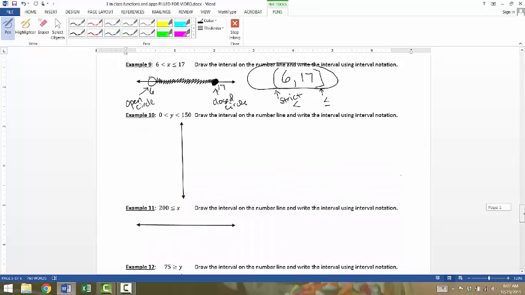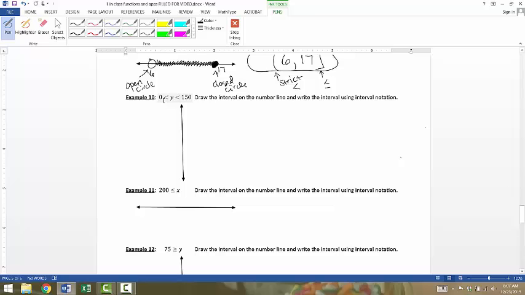Let's do another. Example 10, it says we're going to show 0 less than y less than 150 on this vertical number line. Again, it's a strict inequality starting at a low of 0. So here is 0, the low end, and then it extends all the way up to 150, which again is an open circle.